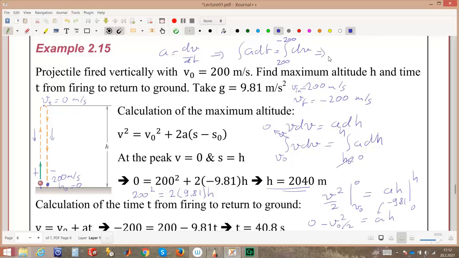And as a result of that, the initial time is 0, the final time is t, let's say, and we're going to have negative 9.81 times t equal to negative 200 minus 200, and from here we can do the calculation for t, and that's basically the result that we already have in the lecture notes.